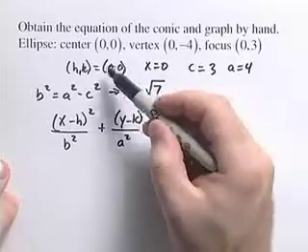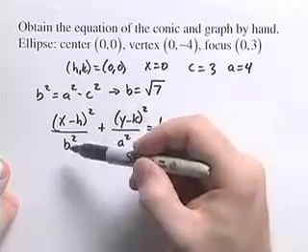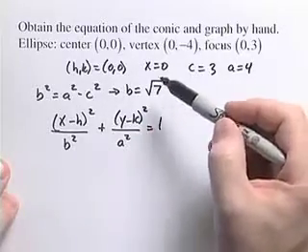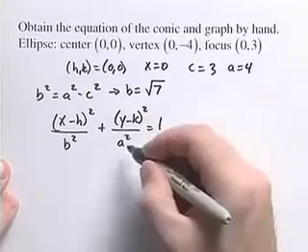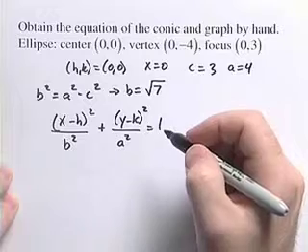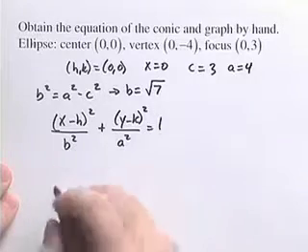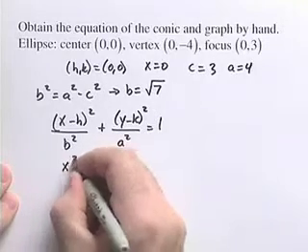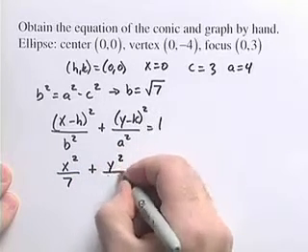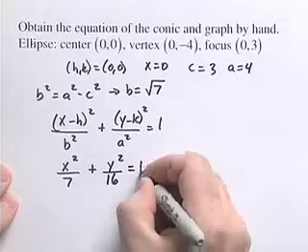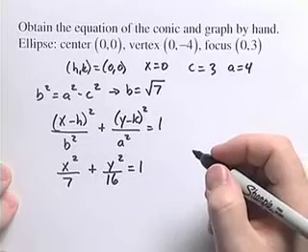Here we know h is 0, k is 0, b is the square root of 7, which means b squared is equal to 7. We know a is 4, so a squared will be 16. Therefore, our equation is x squared over 7 plus y squared over 16 is equal to 1.